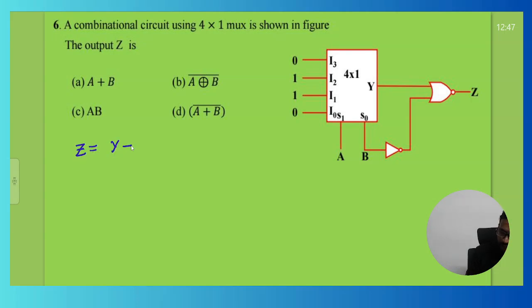That is Y plus B, whole bar. This is a NOR gate now, and this is a NOR gate. Now first of all, Y. So that means Z should be given by De Morgan's law. This is Y bar into B bar.